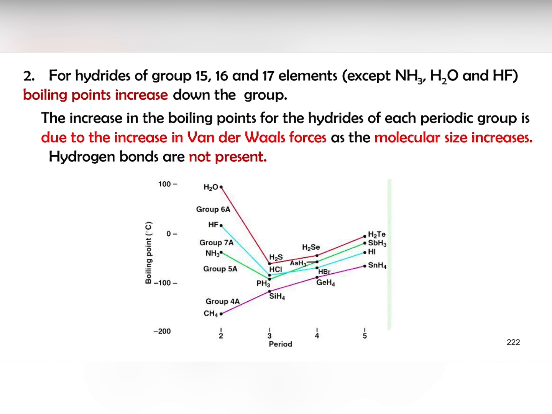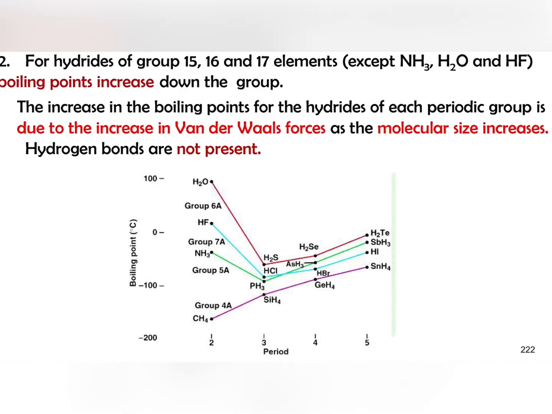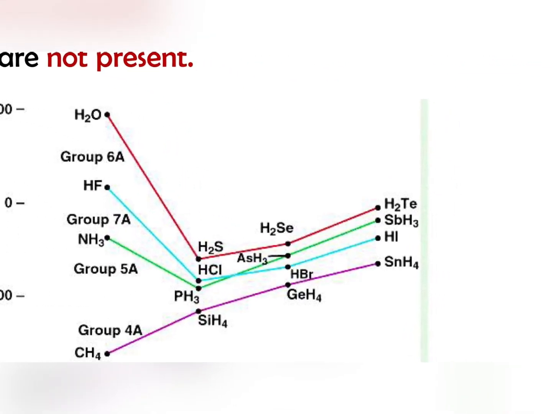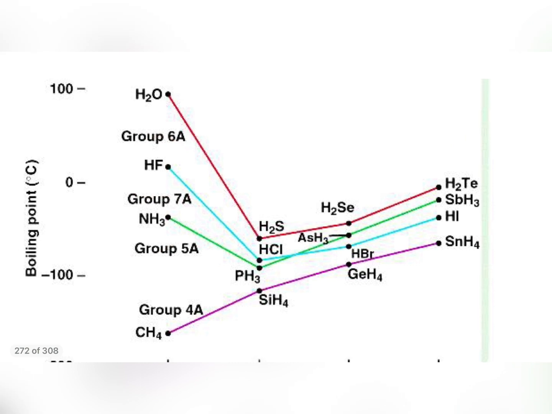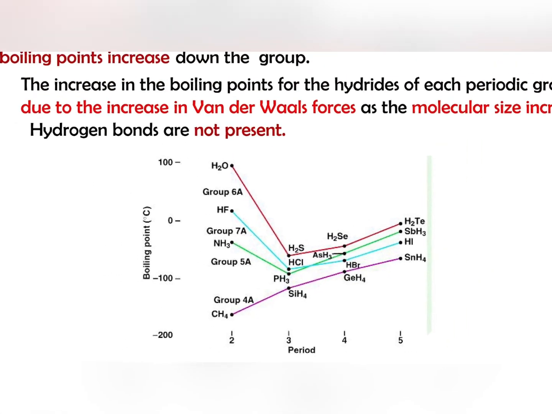So next kita nak discuss group 15, 16 and also 17. Okay, so you can see here the trend. Generally, all of them akan increase in boiling point, kecuali untuk H2O, HF and also NH3. Okay, you can see the boiling point is higher compared to the other elements. So why is this?